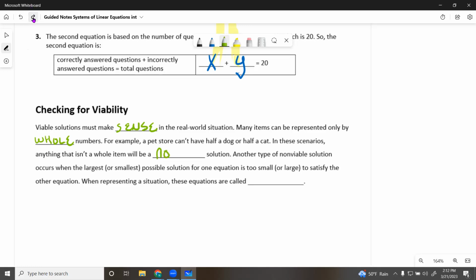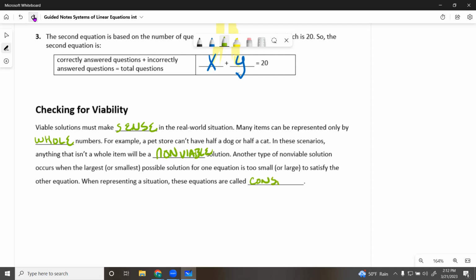So those answers that are not realistic are called non-viable solutions. Non-viable means it's not gonna work. If 2.5 eggs out of 10 die, well, then the reality is 3 eggs die, but that's not a solution because you can't have a half.